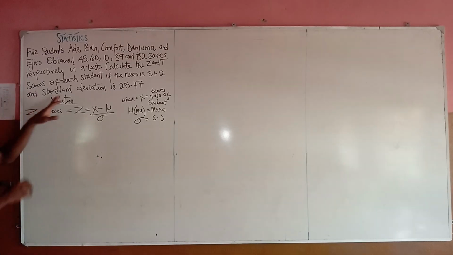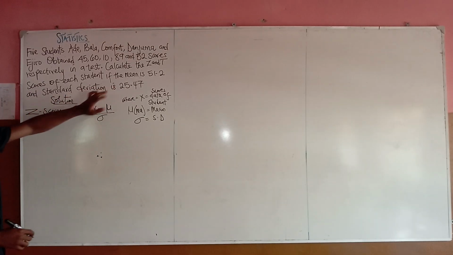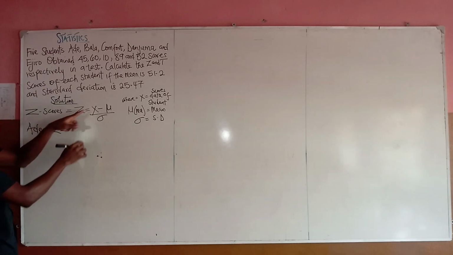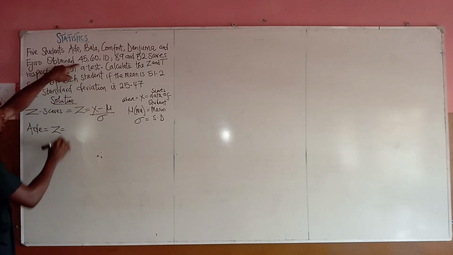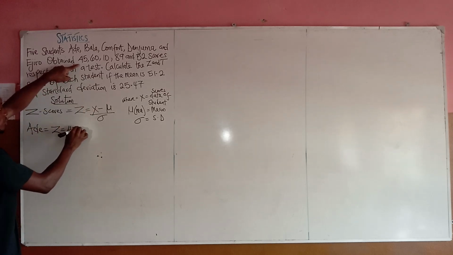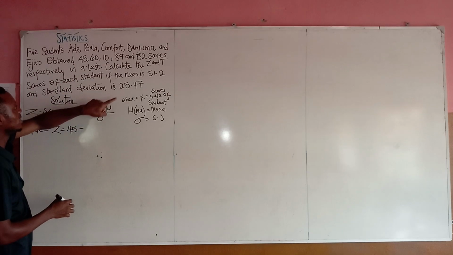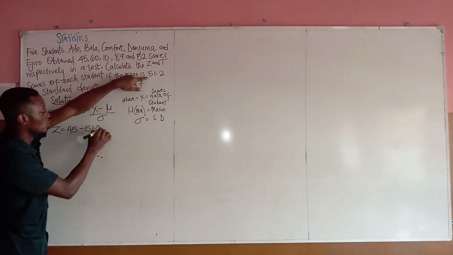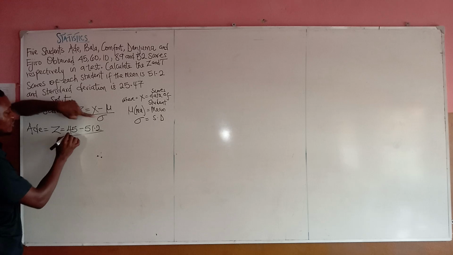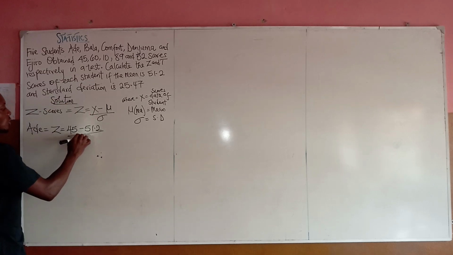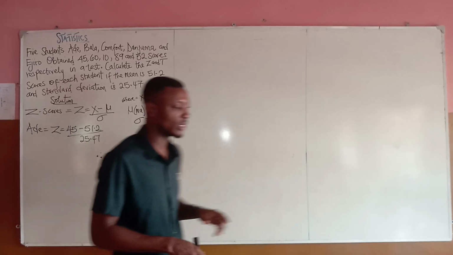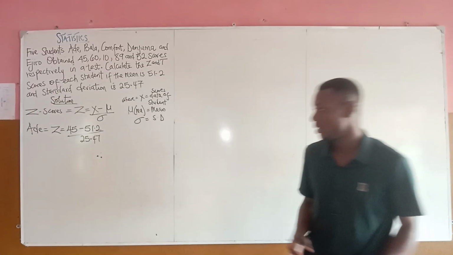Now, knowing this, what do we do? Because we are calculating for individual students, we are going to start our calculation from Ade. So z equals score minus mean, divided by standard deviation. Ade's score is 45, minus the total mean score, 51.2, divided by our standard deviation, 25.47. Now, let's use our calculator to ascertain this.